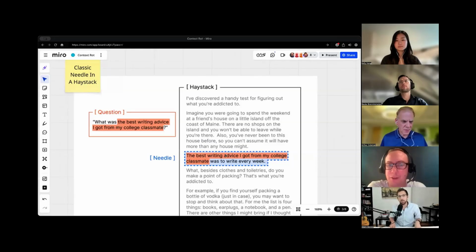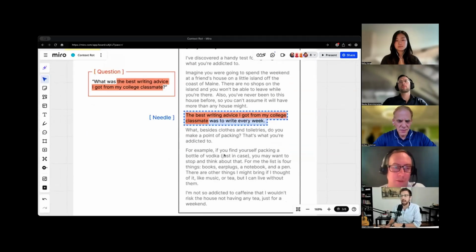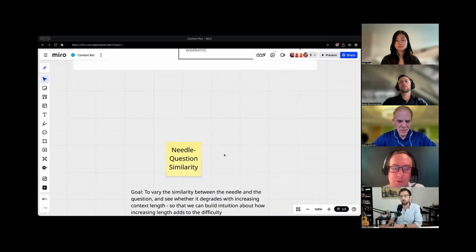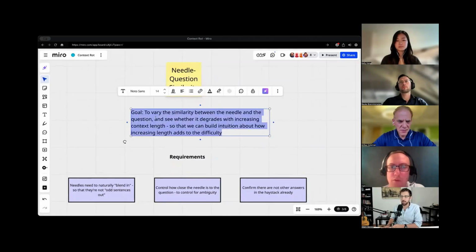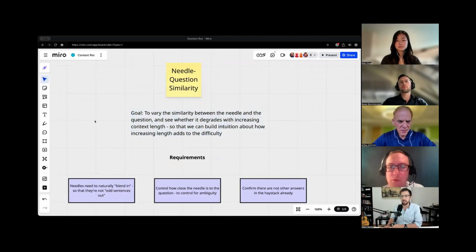Or maybe if you shorten the context window, even if they're less similar, it's easier. So let's see what the impact is of the similarity between the needle and the question. The goal is to vary the similarity between the needle and the question and see whether the performance of the LLM degrades with increasing context length. That way we can build intuition about how increasing length adds to the difficulty.